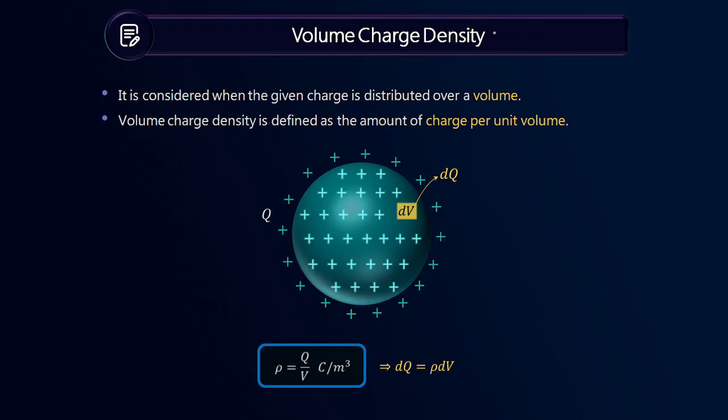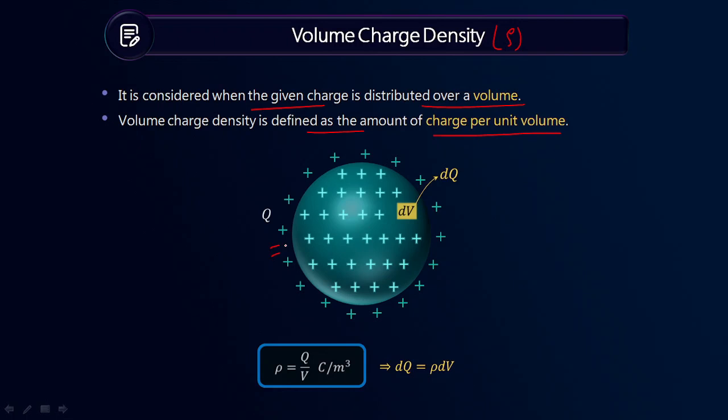So volume charge density we denote with rho. So it is considered when the given charge is distributed over a volume. So volume charge density is defined as the amount of charge per unit volume. So let us say there is one solid sphere in which charge is distributed throughout the volume, everywhere in the sphere.